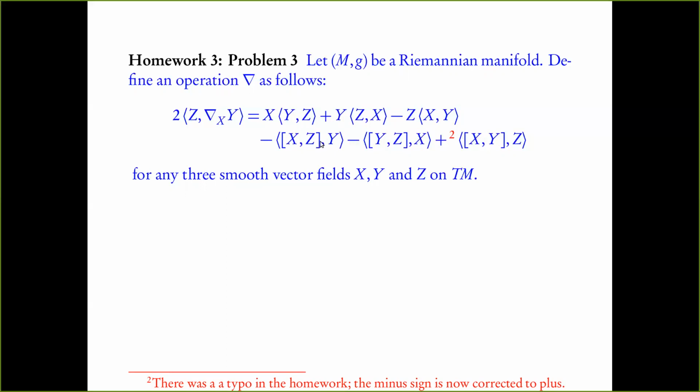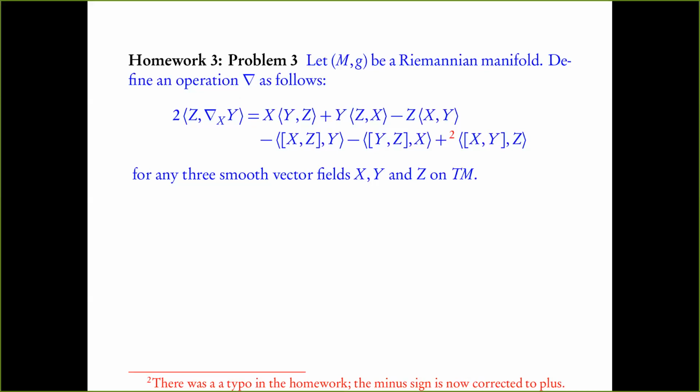Note that the Riemannian metric and the Lie bracket are all smooth operations. So the right-hand side is evidently a smooth function of X, Y, and Z, because X, Y, and Z are smooth vector fields. The inner product is smooth, and the inner product is non-degenerate, in particular invertible.